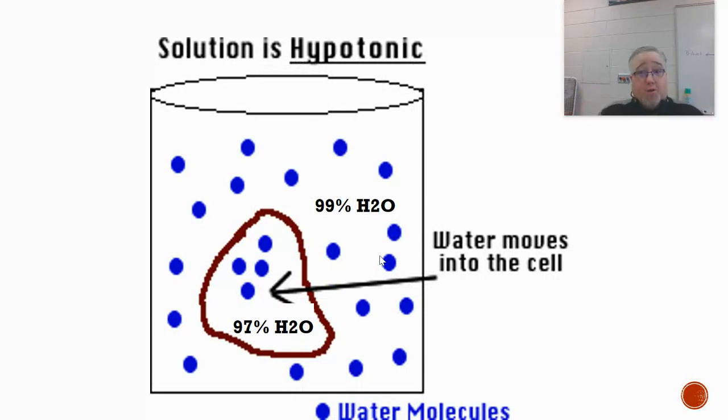This is kind of a homeostatic thing. Our body tries to maintain water levels inside your cells all the time. One of the functions of your body is to make sure your cells don't have too much water inside and don't have too little water inside. It's kind of a homeostatic mechanism.